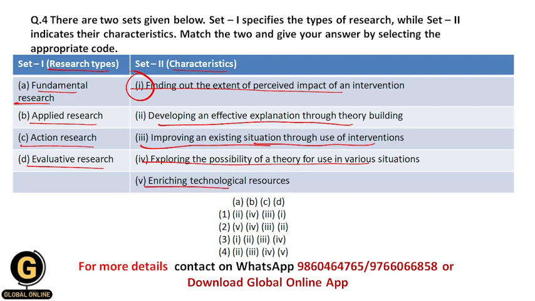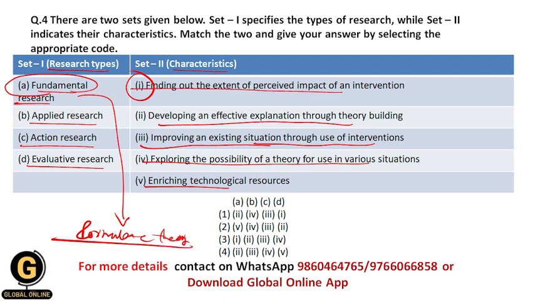So basically students, fundamental research is the basic research or pure research. So within the fundamental research we formulate a theory. So this is the main objective of fundamental research, to formulate a theory. And whenever we formulate the theory, in that case we basically tell the effective explanation behind it, that what we are formulating, why we are formulating a theory.